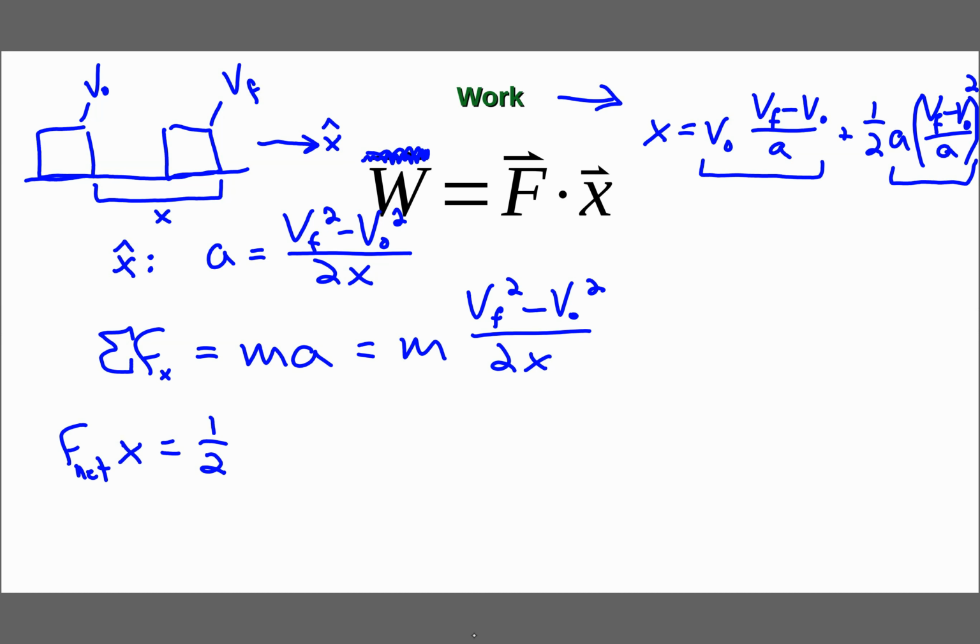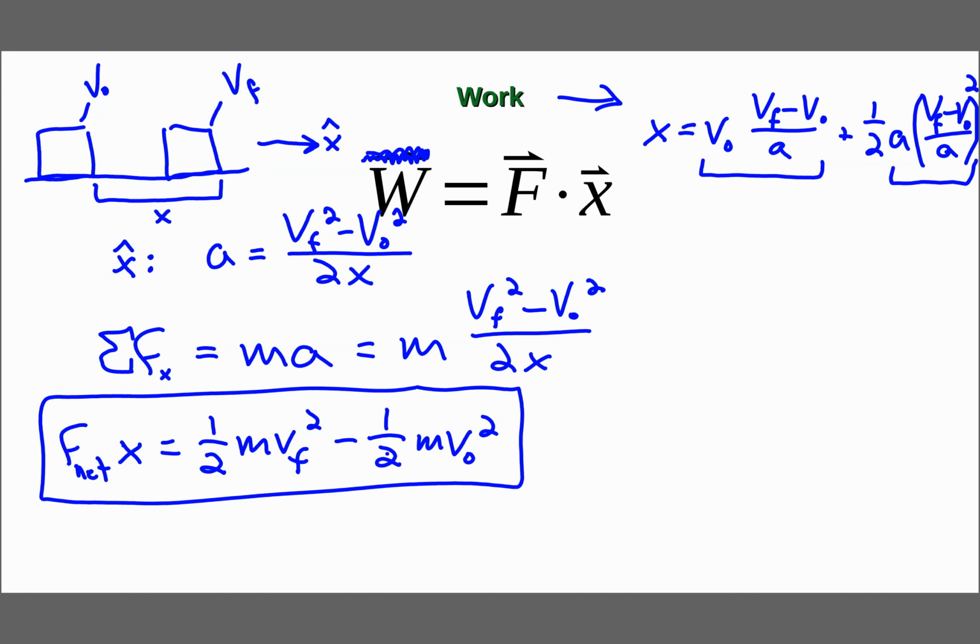So it's 1/2 m vf squared minus 1/2 m v naught squared. And notice what we have over here is work, okay? Now, by taking the x components, we've already done the dot product, right?